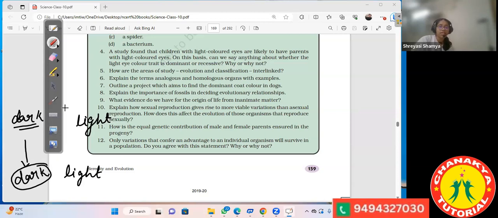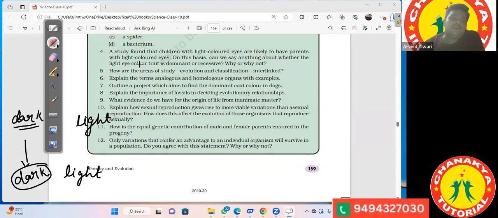Also, sir, they mentioned children and not just one child. No, understand this. When the child has light colored eyes, it is a necessity that the parent also has light colored eyes. Understand this again, read this: a study found that children with light colored eyes are likely to have parents with light colored eyes.